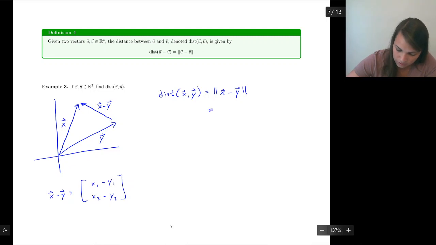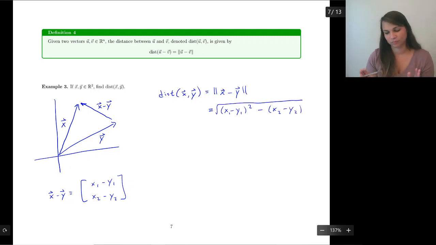So then when we take the magnitude, we're going to have the first component squared plus the second component squared, and we're going to square root it. Question. Does this look familiar?